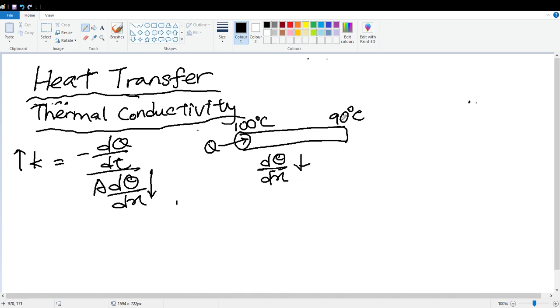This is because the difference in temperature is very small.